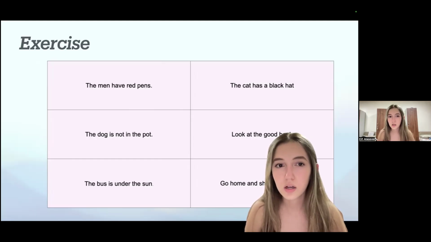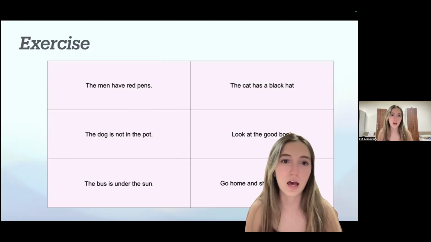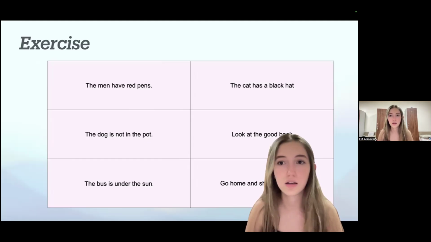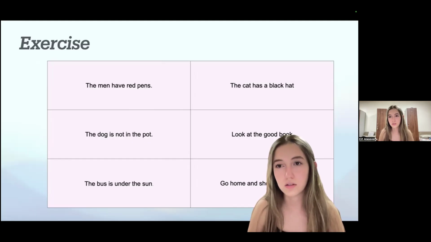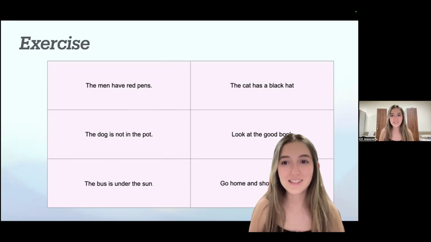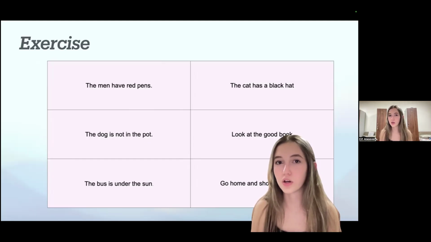For example, the man has a good cat is easier than the man has red pants because, as you can tell, they have the same vowels and it is hard to pronounce the same vowels again and again. So that's why I prepared those exercises for you.